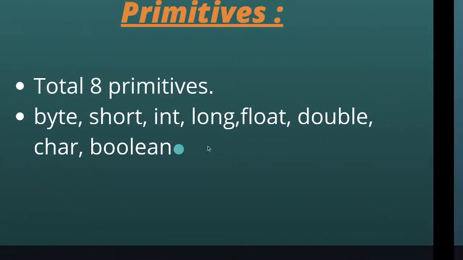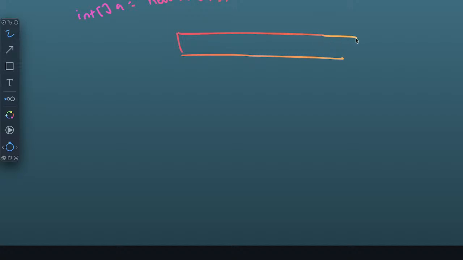As I said, array gets the memory allocated as soon as I declare it. So now if I declare int a is equals to new int 7, in the memory 7 spaces are allocated to this.